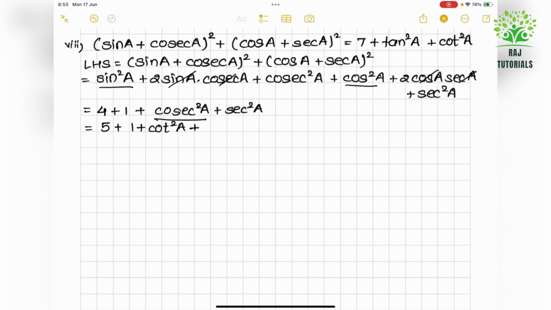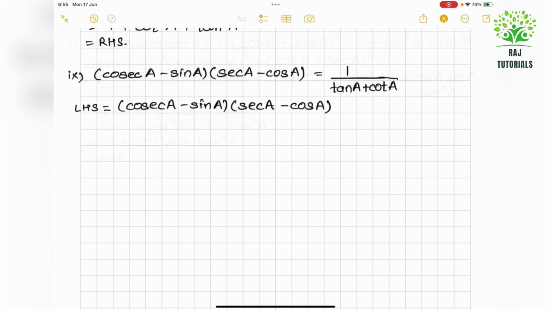Now cosec square I can write as 1 plus cot square, and same way sec square I can write as 1 plus tan square. So this makes it 5 plus 1 is 6, and plus 1 is 7, plus cot square A plus tan square A.